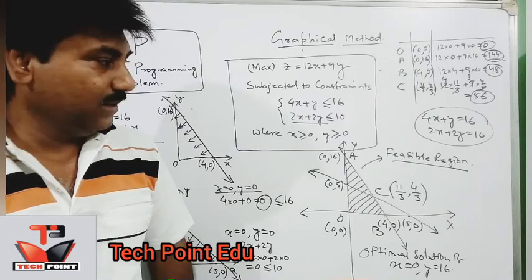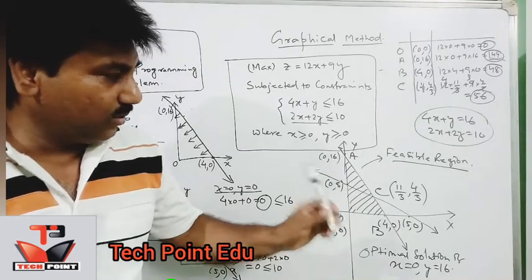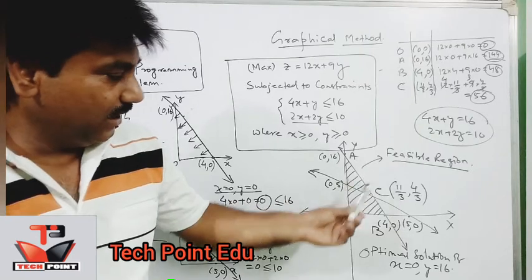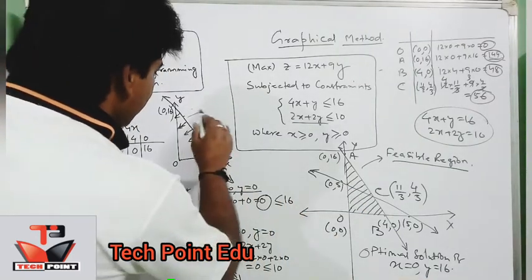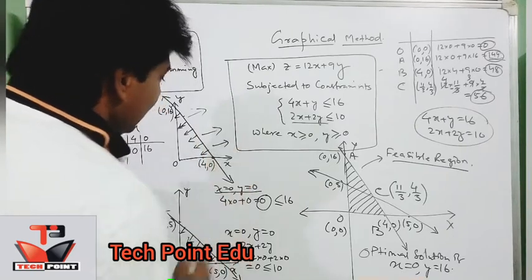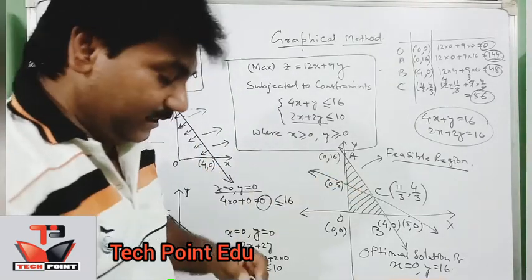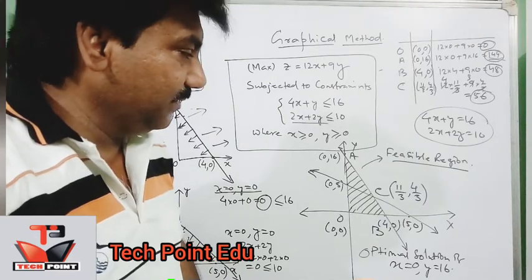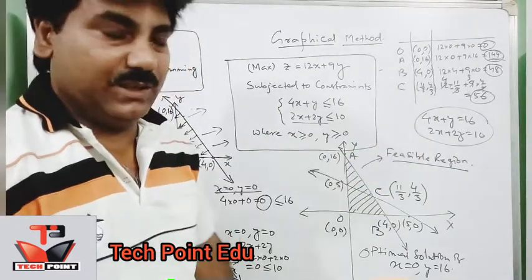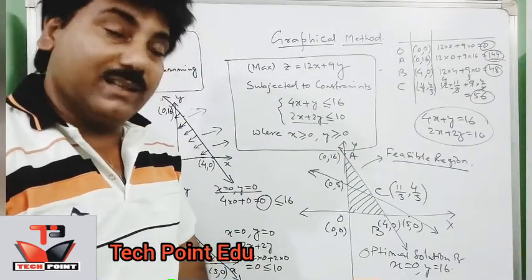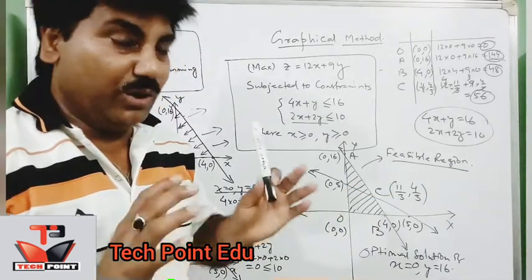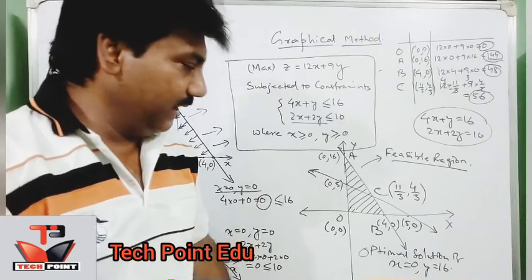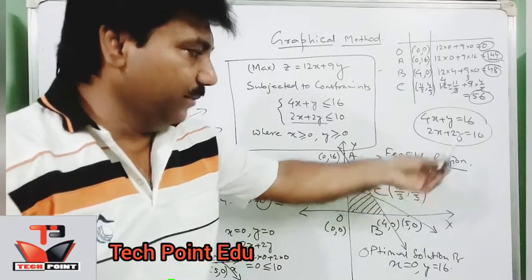And some problems are also there, that is, if the area is this side and there will be no common area, then that will be a non-feasible region. And some problems are also non-feasible, because there you will not get any common area or common feasible region.